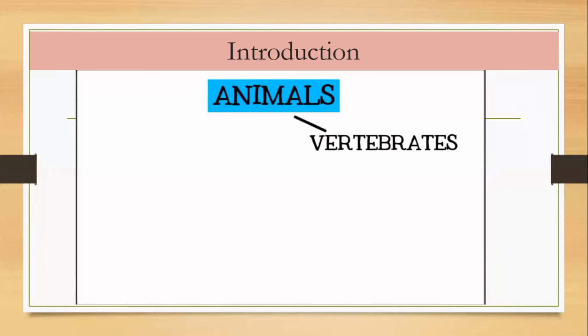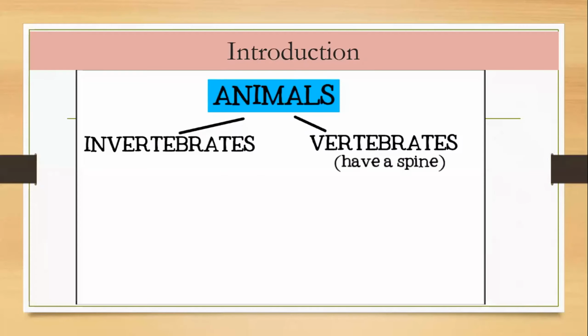Animals are vertebrates and invertebrates, or backbones. Invertebrates are animals that do not have backbones.